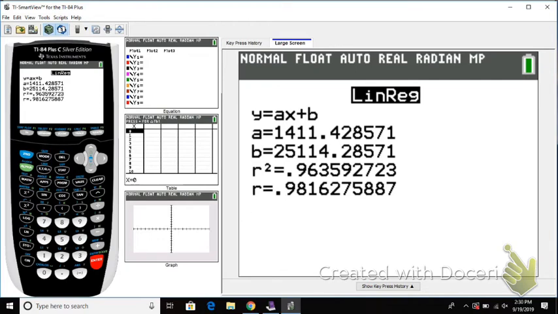Okay, I'm going to ask you a question now about this. I want to predict what the home median income is for the year 2010. You're not using your calculator for this. I mean, you'll type it in to do multiplication and addition. But first of all, was my year my X or my Y?